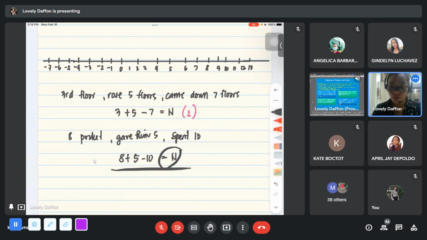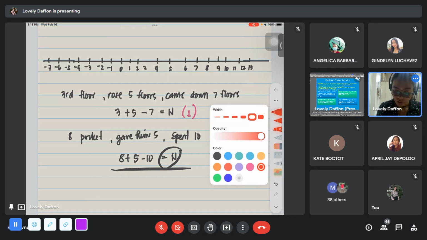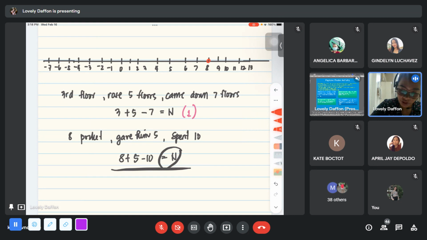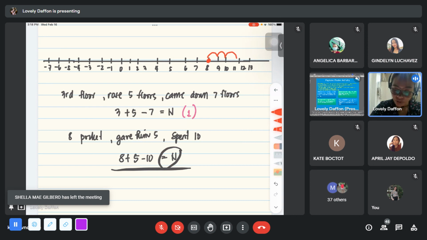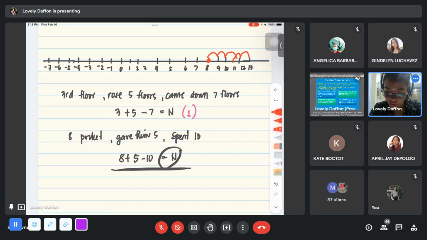Okay, let's try to solve this one. It is easy to answer, but we will represent it so that we see the sense. Okay, we have here number 8. Then he was given 5: 1, 2, 3, 4, 5.